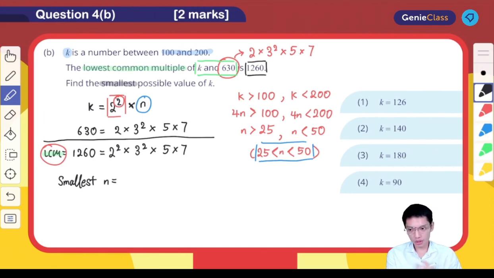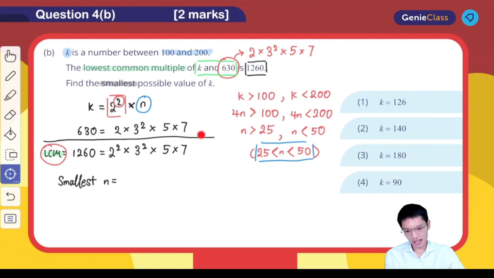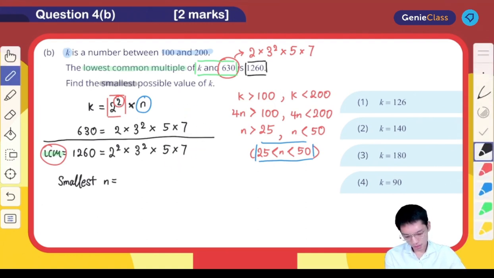Remember smaller. So 9, you realize it's 9 times 5. Can I have another number that's smaller than 5? What if I do 5 times 7? It gives me 35. So that's where you realize 1 mark comes into play if you are able to identify this particular n. And henceforth, k is this.